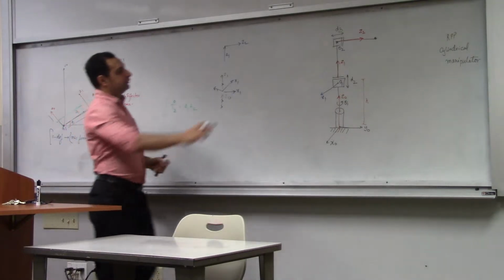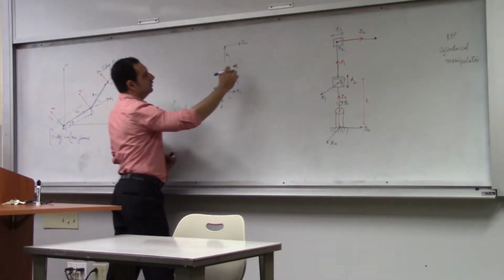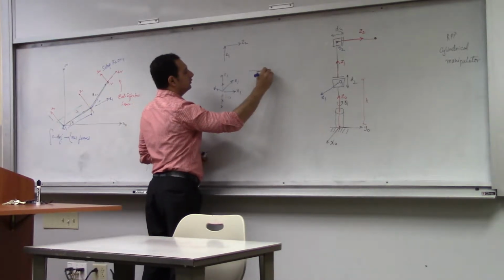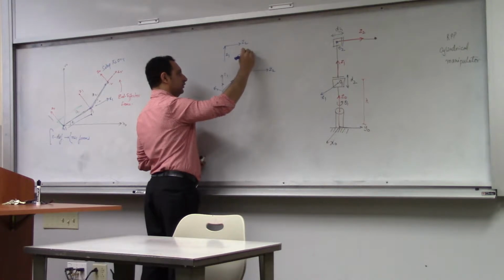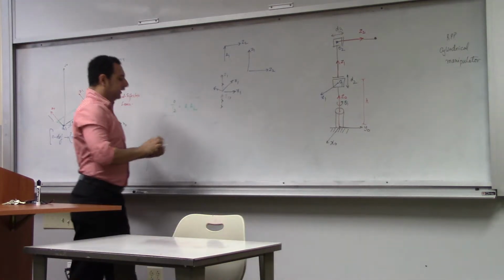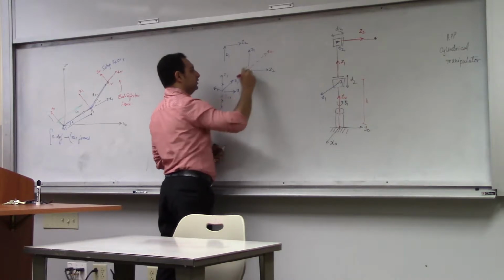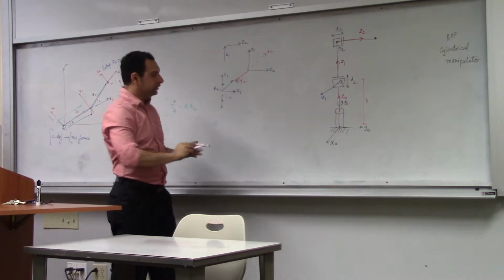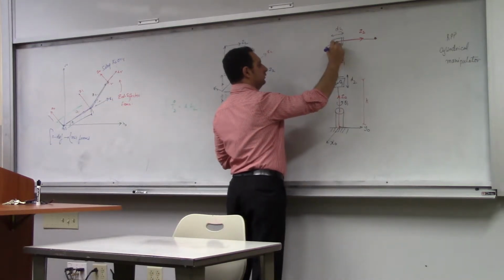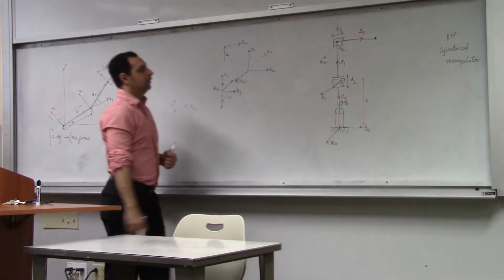Now let's go here. These two are perpendicular, right? So this is Z2. Z1 is upwards like this. Now I can have x2 either like this or like this. So I'll take x2 like so.